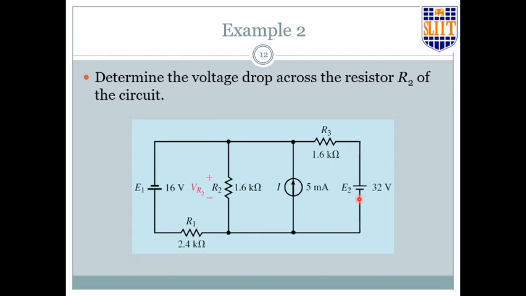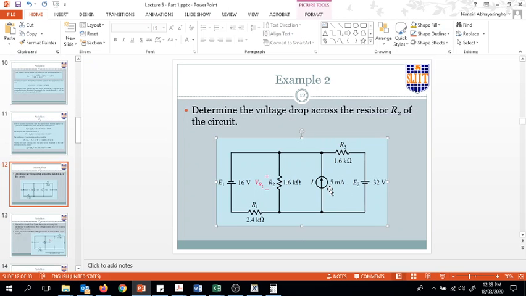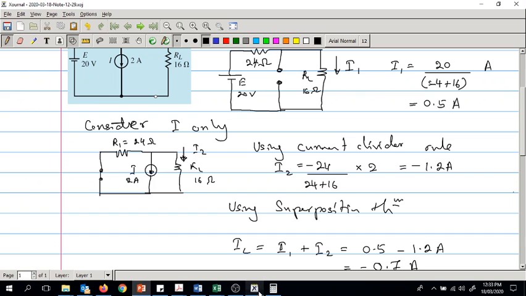A second example: determine the voltage drop across the resistor R2 of the circuit. So let's take this circuit. Let's use a new page.